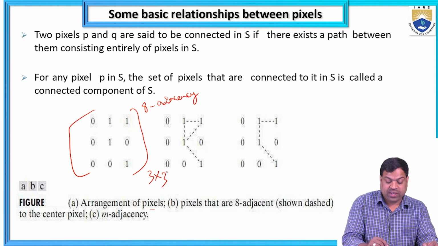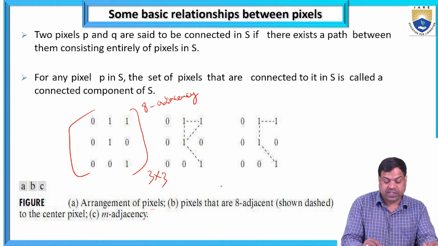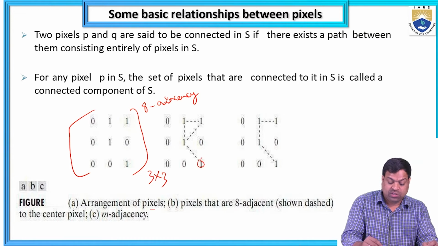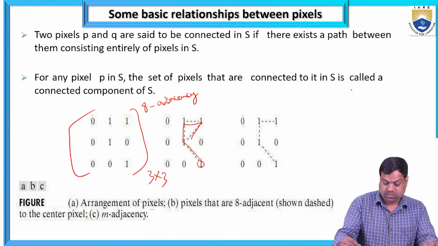So if I am taking an 8 adjacency with a 3 by 3 matrix, and taking 1 to 1, what is the path between the 1s? Shortest path or path selection.